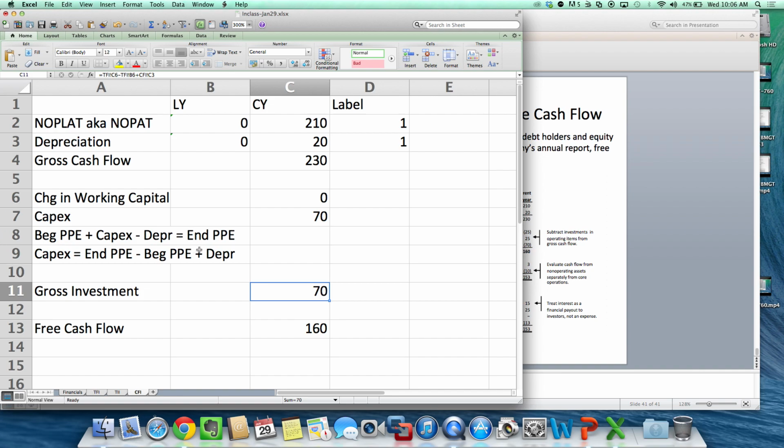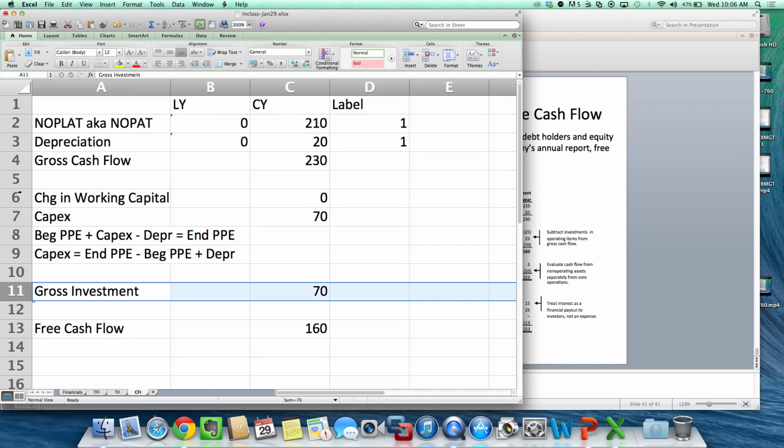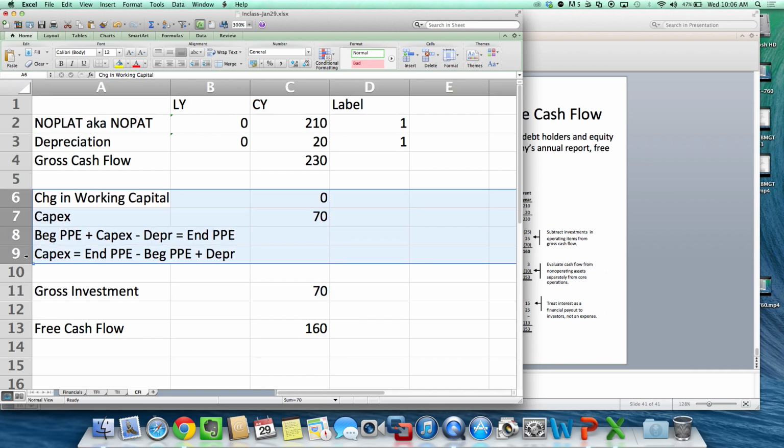Because capital expenditures is the plus depreciation. It's just carrying it through on the formula. It's the change in working capital, the change in net PP&E plus depreciation. That's where the plus depreciation comes from, when you add those two numbers together. So that's what I said. Shortcut, granular. Get the same answer.